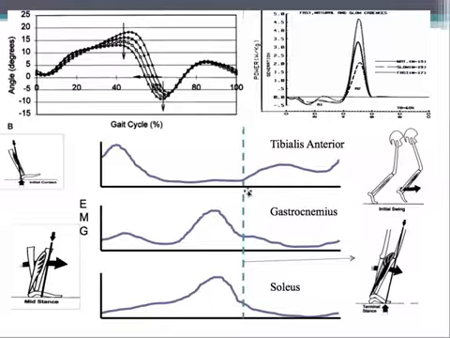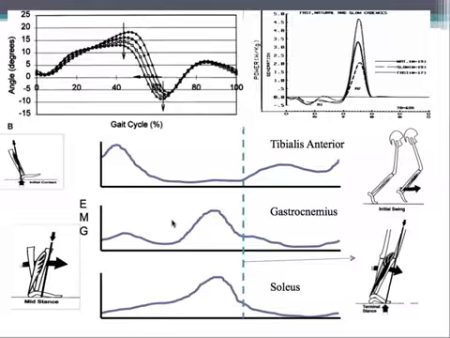And then what we can also see is that as we go into late stance and transition to swing, there's another burst, although relatively small, of the tibialis anterior muscle, illustrated here, matching up with this idea of clearing the foot for limb advancement and preventing tripping. So we have a slight activation of tibialis anterior during swing to help clear the foot. Okay, so that's really the dorsiflexor's role.